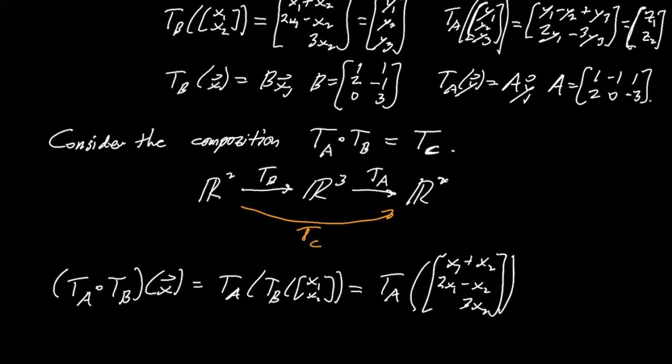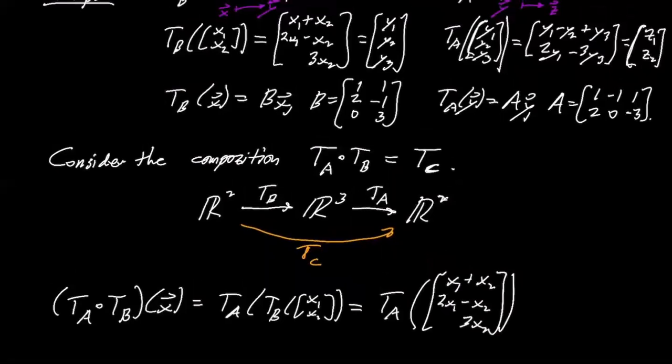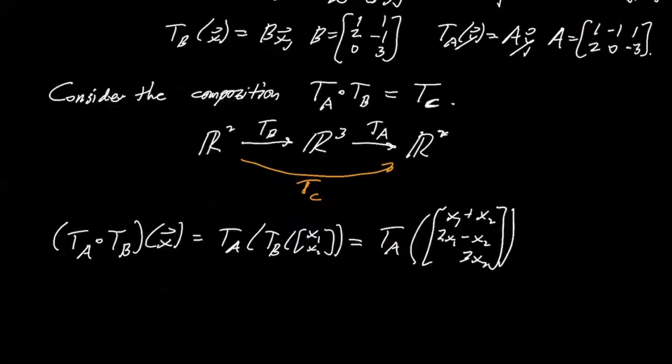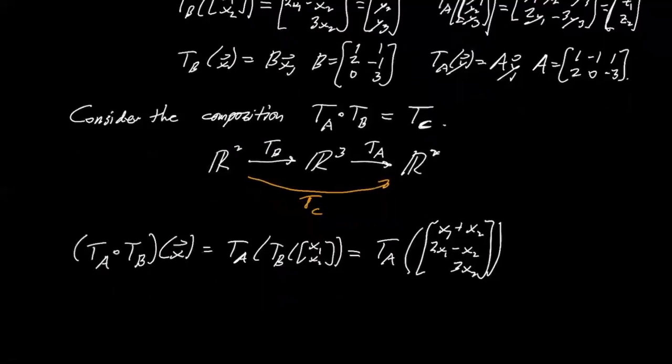What that means is that we're going to plug each of these in for the y's. x1 plus x2 goes in for y1, 2x1 minus x2 goes in for y2, etc. So let me keep doing that.